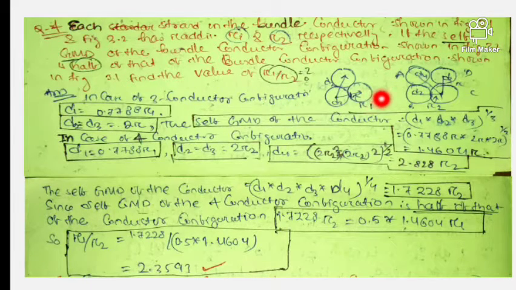So for r1, r2 we need to find the self GMD first, and here the self GMD are equal in both cases. So first we need to calculate the self GMD of the conductor of this figure and self GMD of this figure.